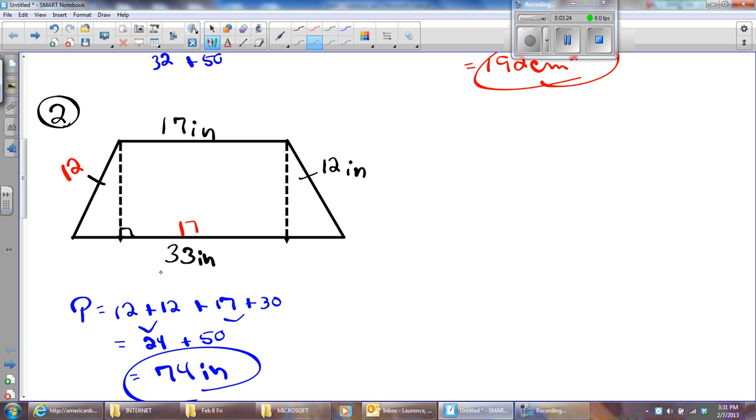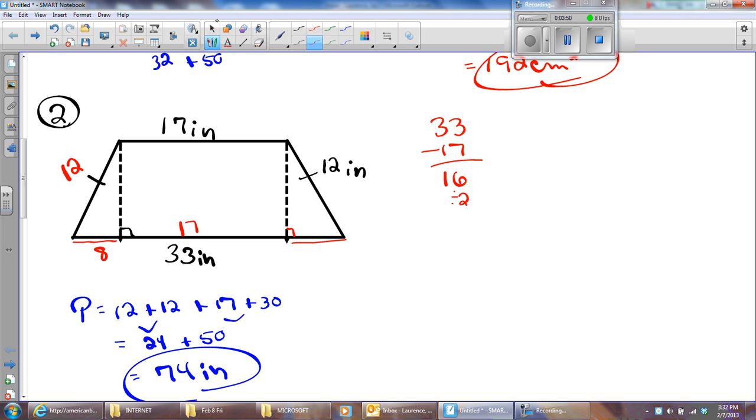The whole distance is 33. So if I subtract 33 minus 17, I believe I'll get 16, right? So that means this piece and this piece here are a total of 16. Assuming that they're congruent, I can cut 16 in half and know that each piece is 8.